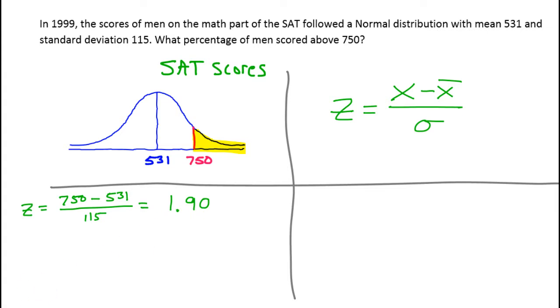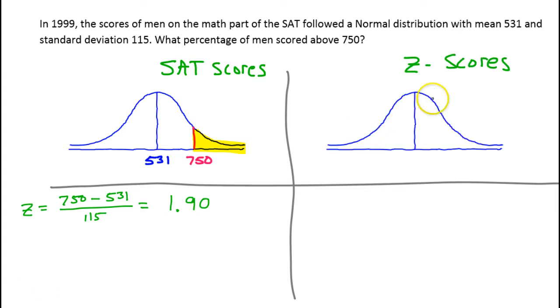Alright, now in this section over here, I'm going to sort of redraw this picture in terms of z-score so we can keep track of what we are really doing. Now, in the middle of a z-score chart, the mean is always going to be represented by the number 0, because any z-score above 0 is going to represent a value that's bigger than the mean. Any negative z-score means how many standard deviations you are below the mean.